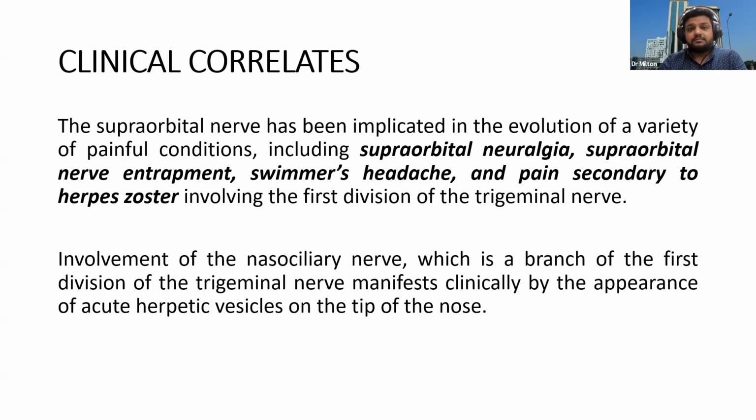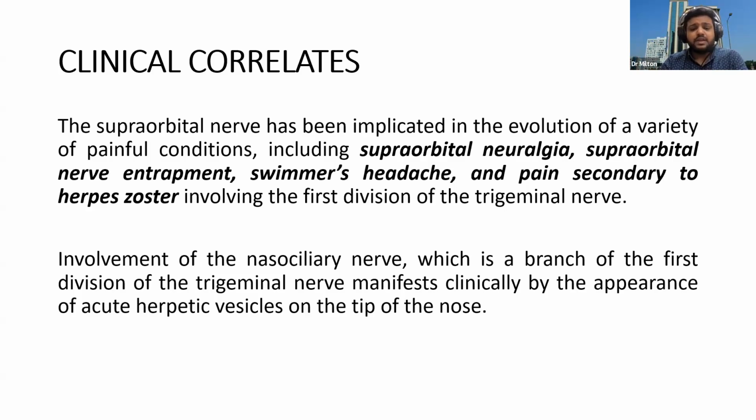Another thing is herpes zoster, because herpes zoster is common in the upper thoracic region as well as the facial region. Many times it involves the V1, V2, and V3 distribution areas of the trigeminal nerve. So many times the V1 area is also involved by herpes zoster.